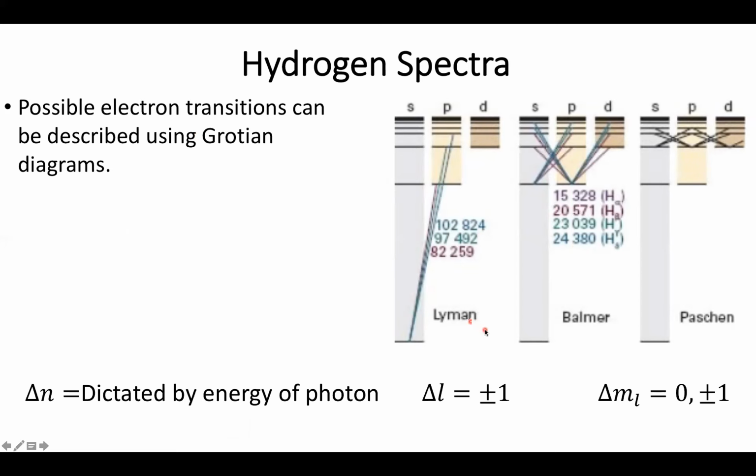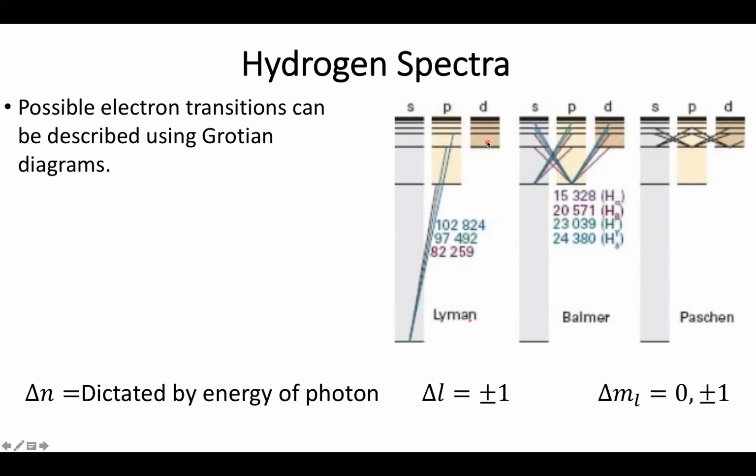We'll use this a little bit more when we hit multi-electron systems. But it turns out if I start with a 1s electron, so ground state hydrogen, I'm only allowed to excite into the 2p, the 3p, the 4p, the 5p, the 6p, but only into the p subshell. You can never, using a single photon, excite into the s or the d.